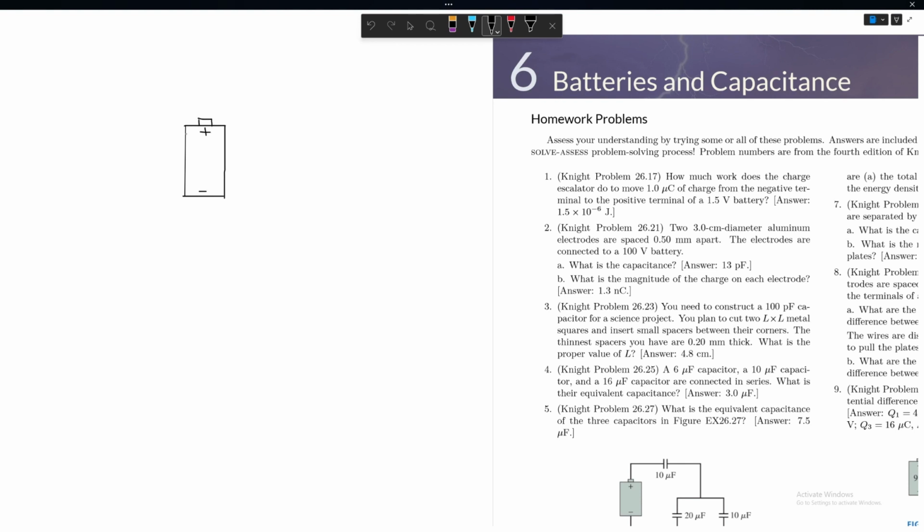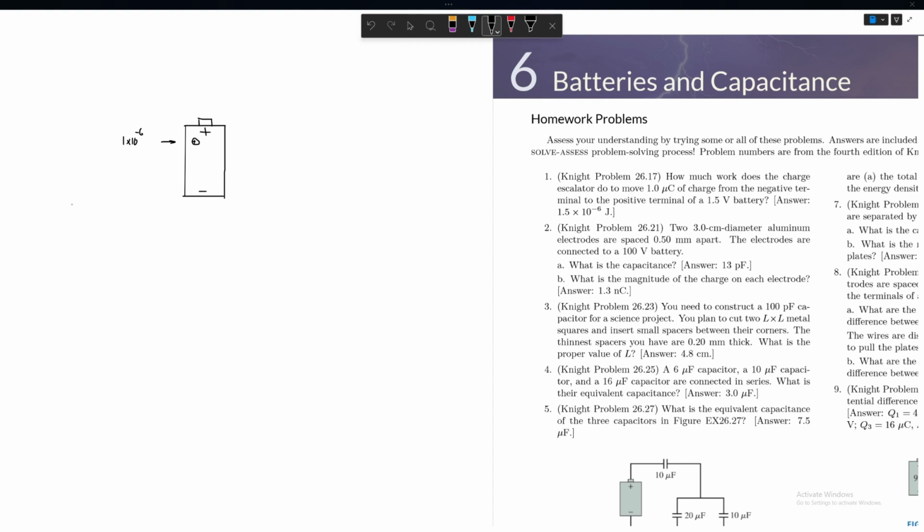This is how it usually looks like. And it's saying how much work does the escalator do to move 1 microcoulomb of charge. So if I have one microcoulomb, which is times 10 to the negative 6, I believe.